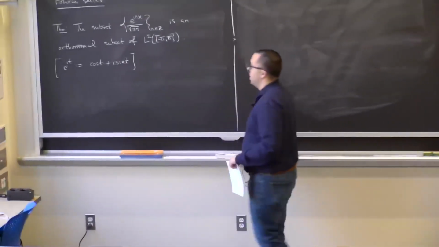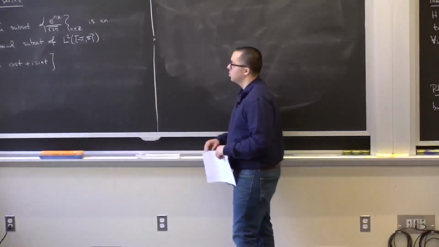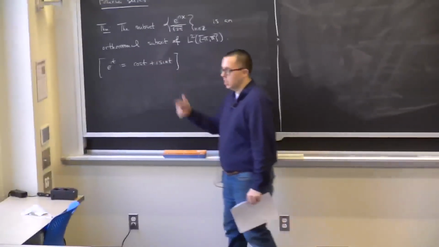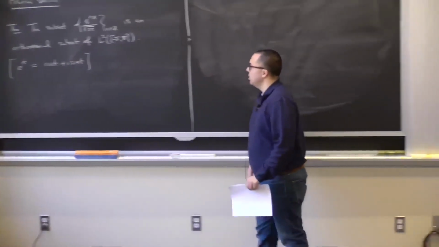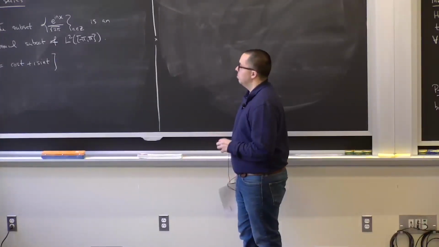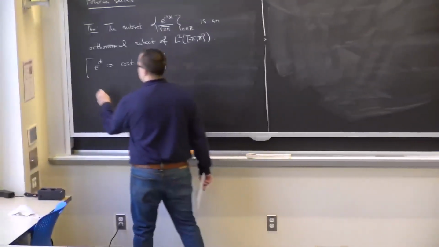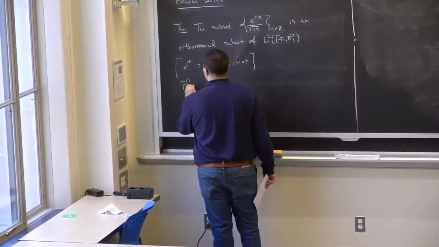If I multiply e to the it times e to the i tau, that's equal to e to the i(t plus tau), just by referring to the definition and using angle sum formulas and so on. All right, so this is not too difficult to prove.